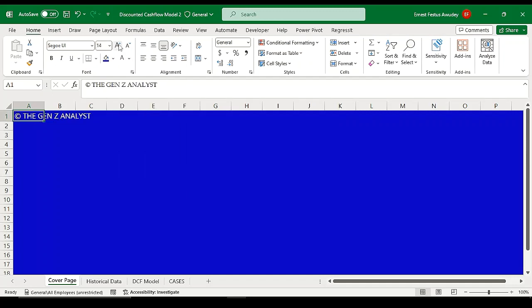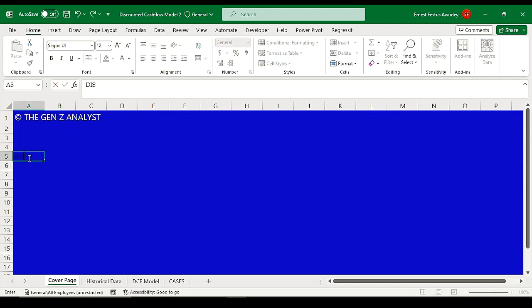and then also increase the font size, and then I can come here and I can write discounted cash flow model.